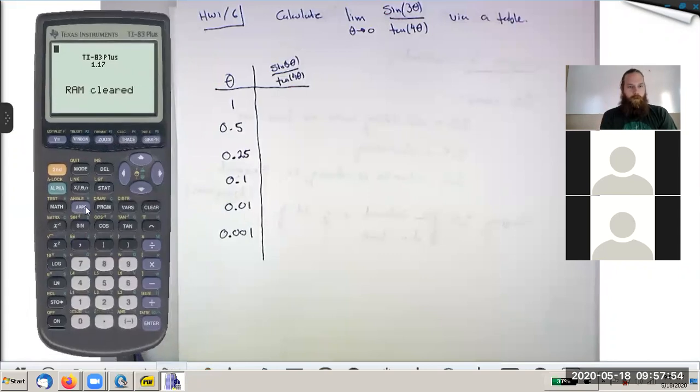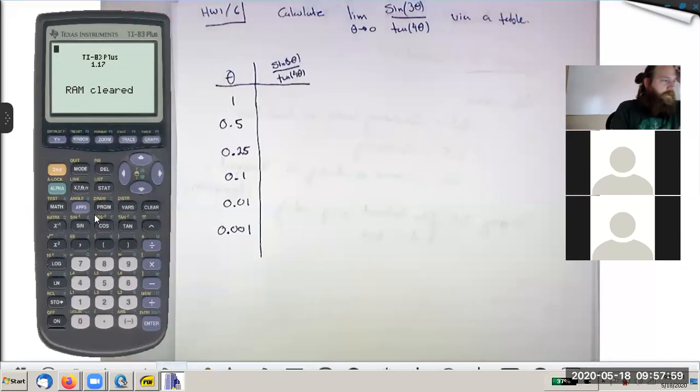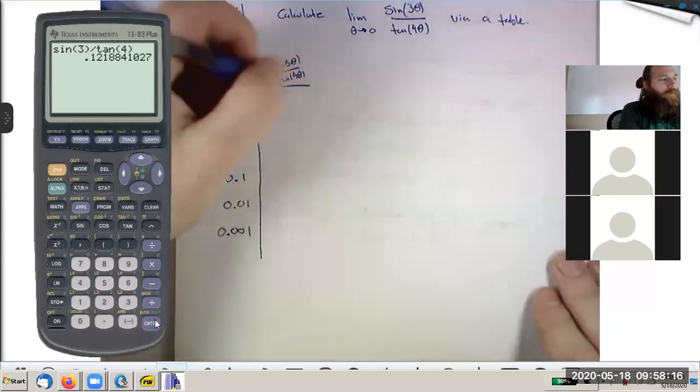First we'll start with the sine of 3 divided by the tangent of 4. That's plugging in theta equals 1. And I get 0.122. I'm going to round to 3 decimal places.